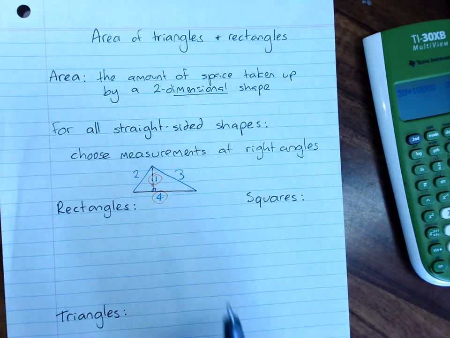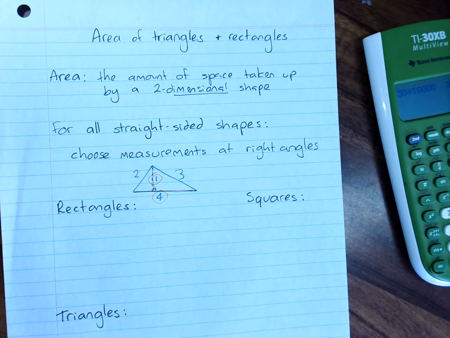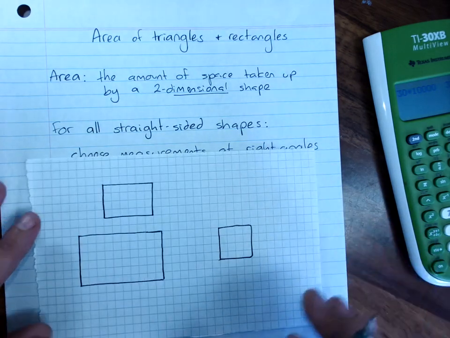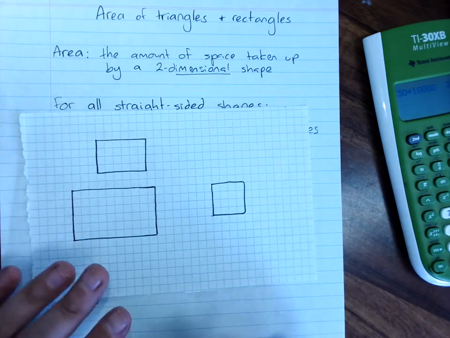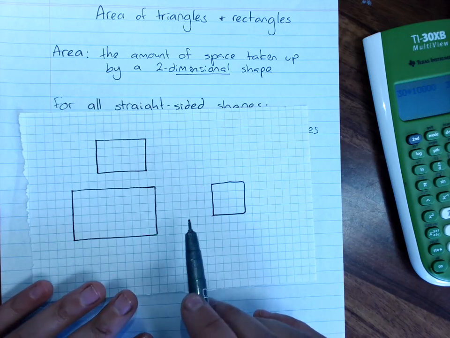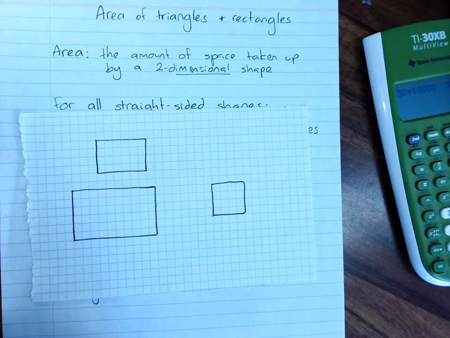Now, squares and rectangles are really easy. So, if we have a look at a couple of squares and rectangles, we're looking for how many squares they take up.